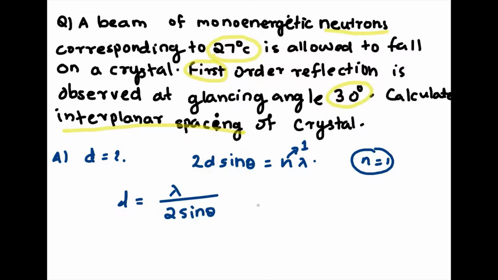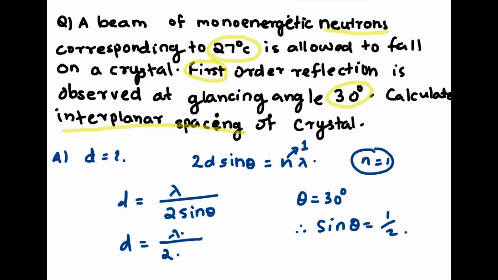Theta is 30 degrees, therefore sin theta is 1 by 2. So d equals lambda by 2 into 1 by 2. This 2 and this 2 cancel out, then d equals lambda. So we reach here d equal to lambda.